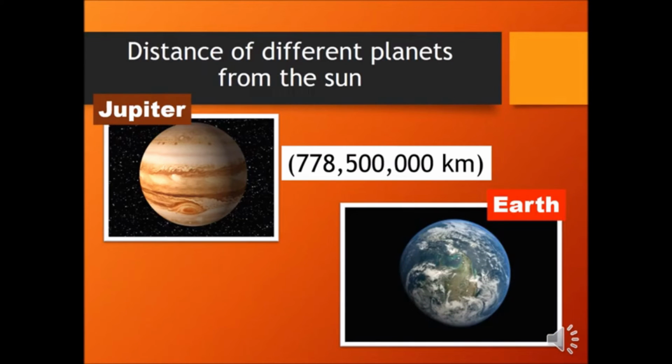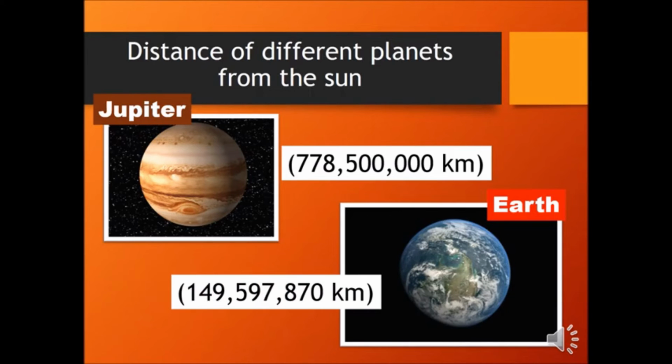And the last, we have the planet Earth. How far is the planet Earth from the Sun? Can you please read it? Okay, that is just 149,597,870 kilometers.